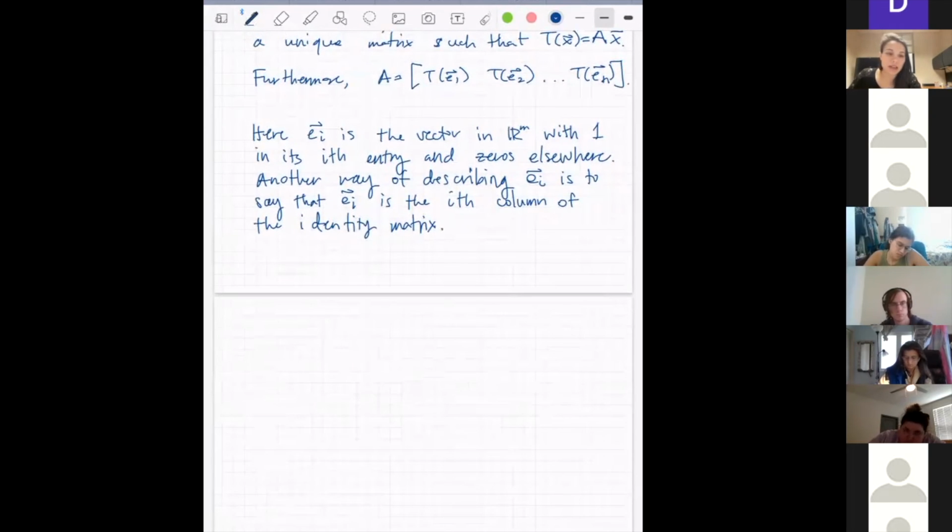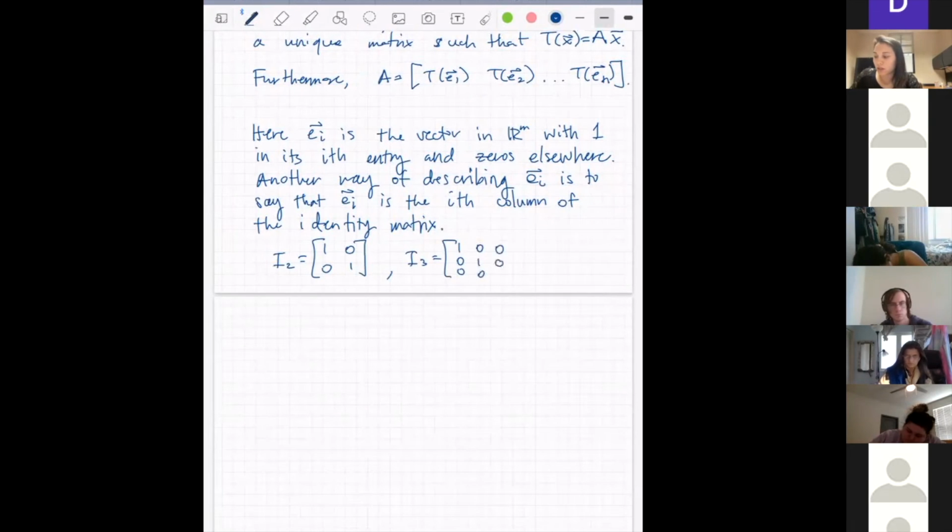Okay, so what is an identity matrix? I'll give a couple of examples. In 2 dimensions, we would get 1, 0, 0, 1. Basically you have ones along the diagonal. So moving from the top left-hand corner to the bottom right-hand corner, that's the diagonal. You have ones along there and everything else is 0.